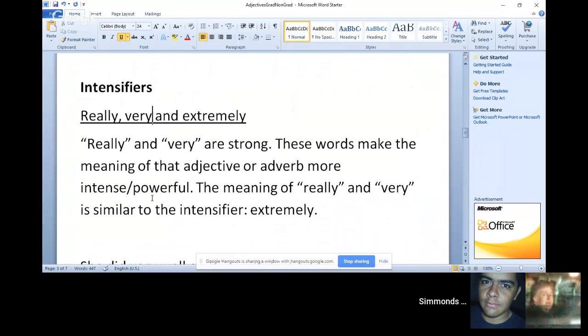So really and very are strong. These words make the meaning of that adjective or adverb more intense or powerful. The meaning of really and very is similar to the intensifier extremely. So they're all very similar, these three.